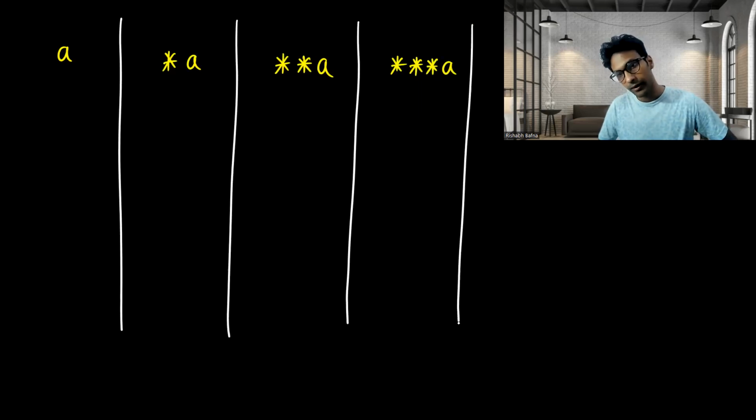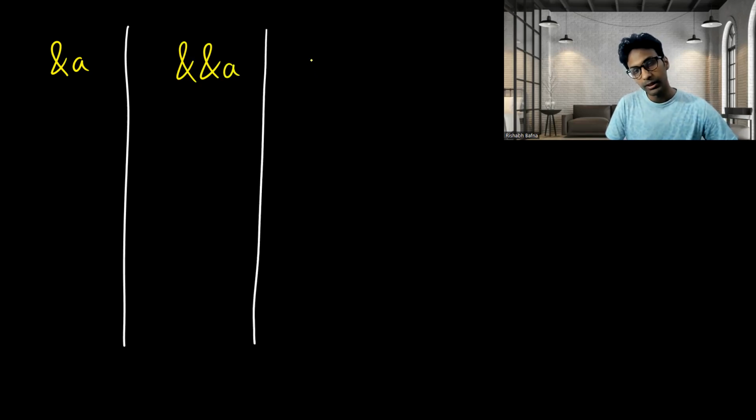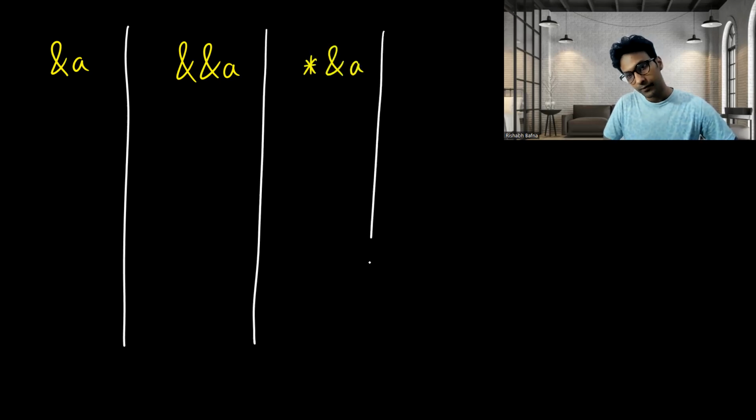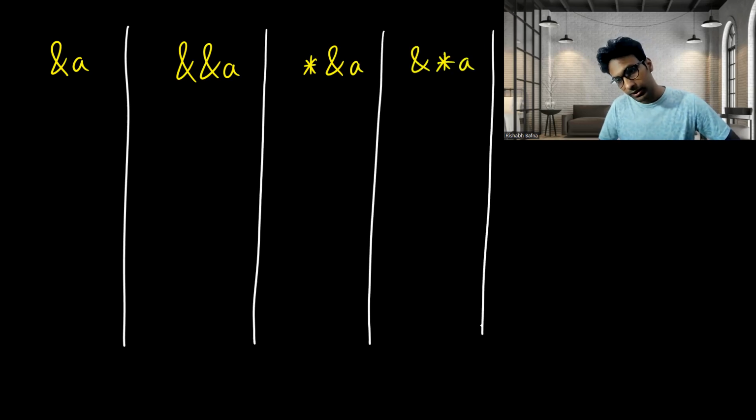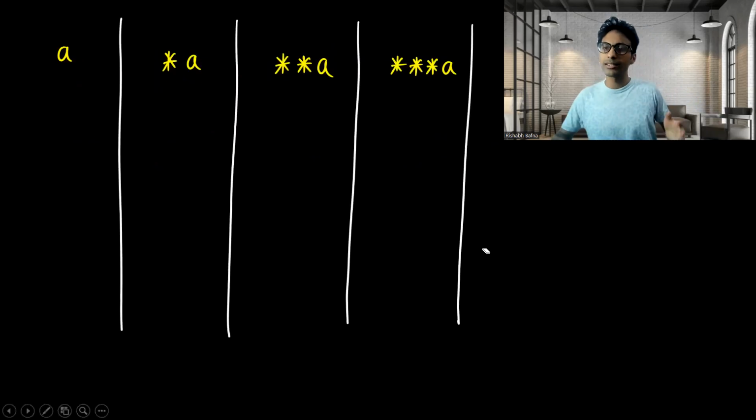Again, maybe on the next page, a few more questions. We'll take a lot of questions, a few more. Be there with me. Concentrate properly. This is a very easy concept.